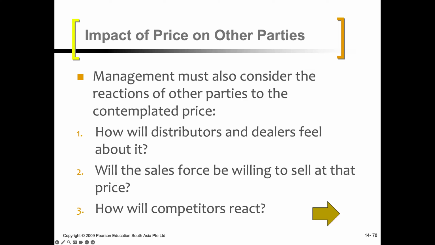The impact of price on other parties. Management must also consider the reactions of other parties to the contemplated price by asking some questions. How will the distributors and dealers feel about it? Will the sales force be willing to sell at that price?